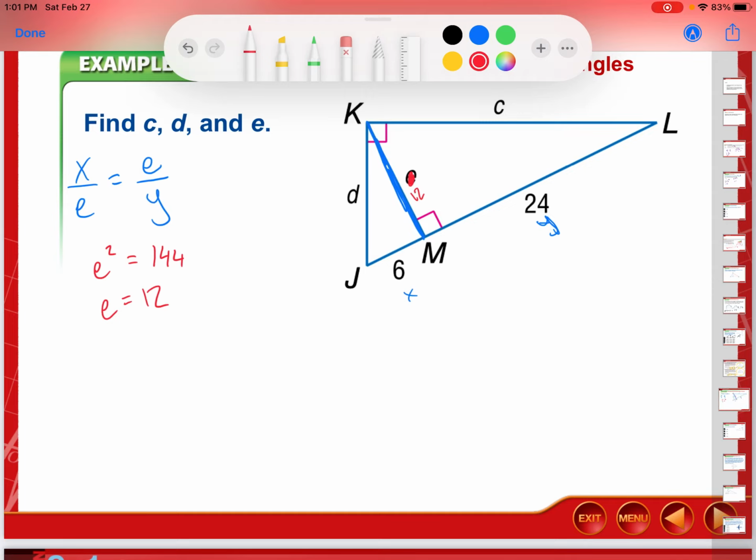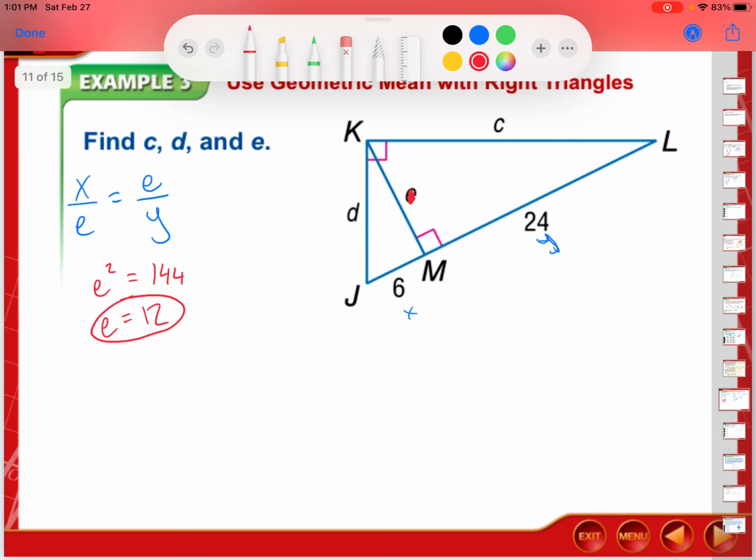So instead of e, we're going to say 12. Yay. So we have one of our values already. E equals 12. Now, from there are two different ways we can solve from here. Since we've kind of cheated and I've already taught you guys Pythagorean theorem to a degree, I hate when it does this.